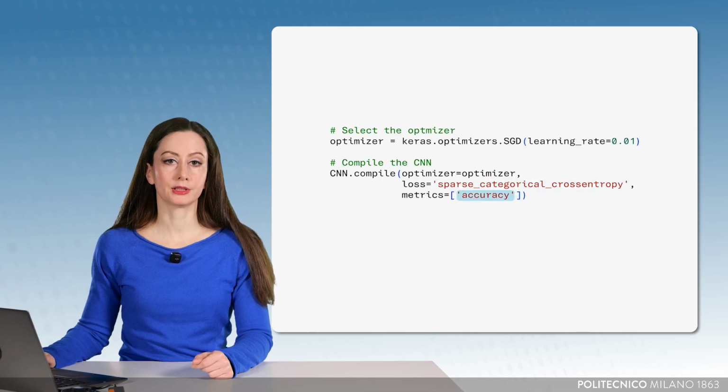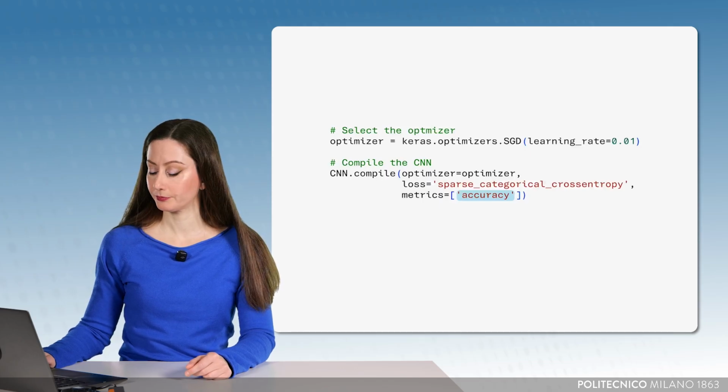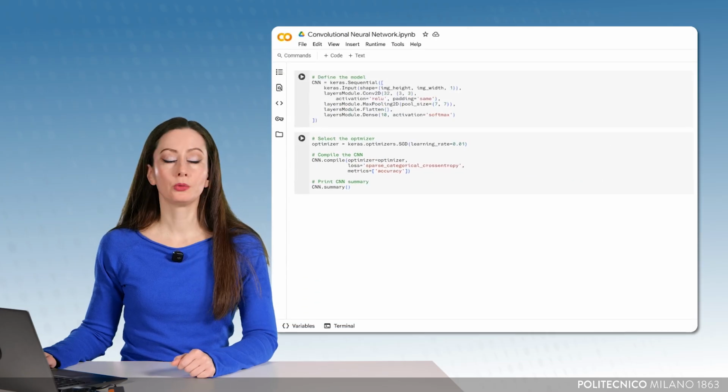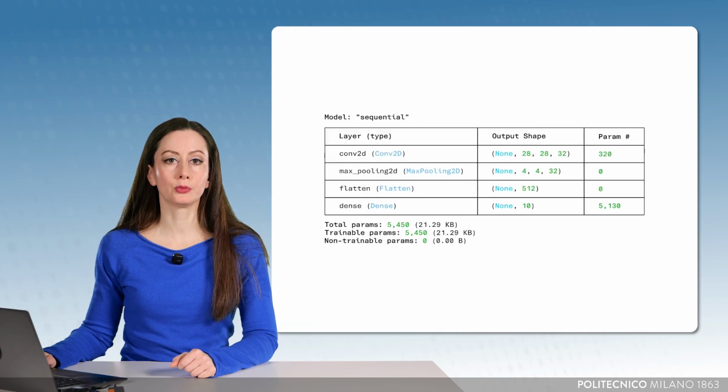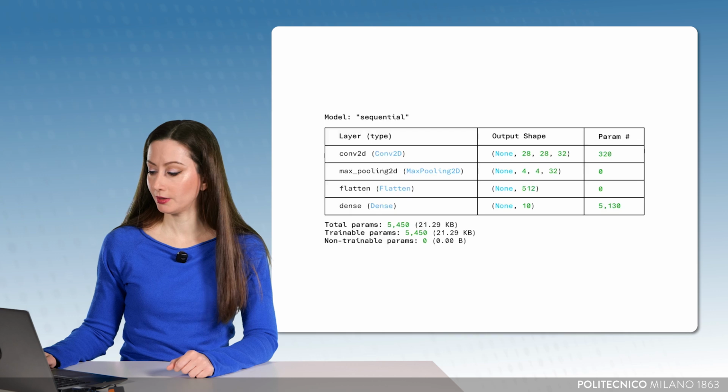The string accuracy tells the neural network to report the number of correctly classified images, both in the training and in the validation dataset. And finally, by calling the summary method, we can see that this architecture has more than 5,000 learnable parameters. And now we are ready to start the training process.